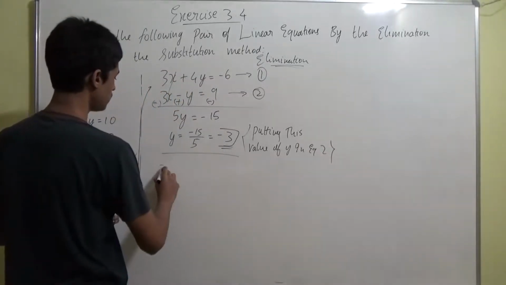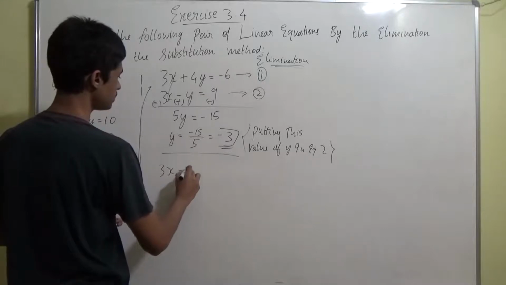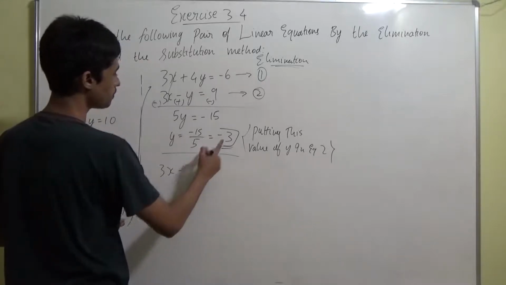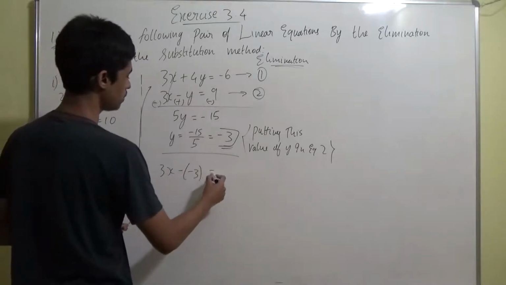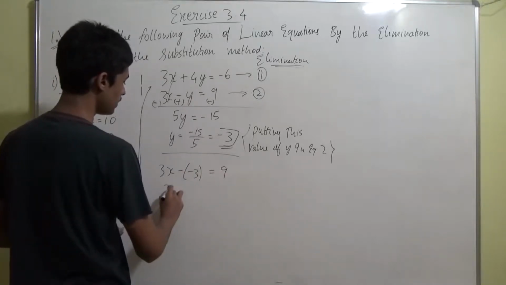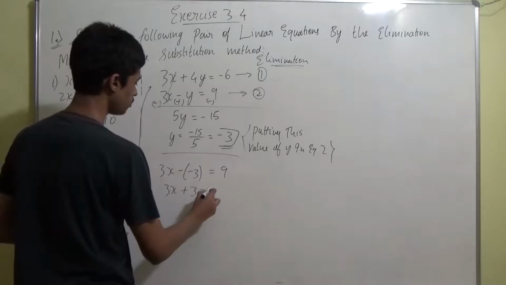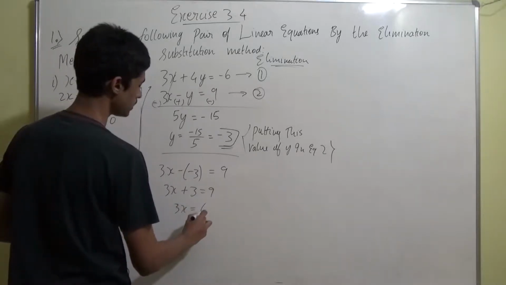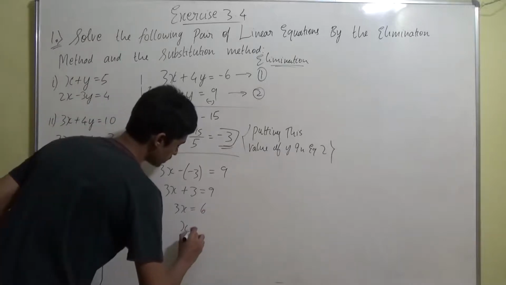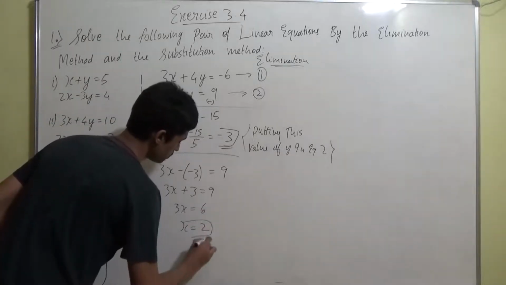It will become 3x minus of minus 3. Getting it? This is the value of y. Minus of minus 3 equal to 9. That time what will happen? 3x plus 3 equal to 9. 3x equal to 6. So x becomes equal to 6 by 3, which is nothing but equal to 2.